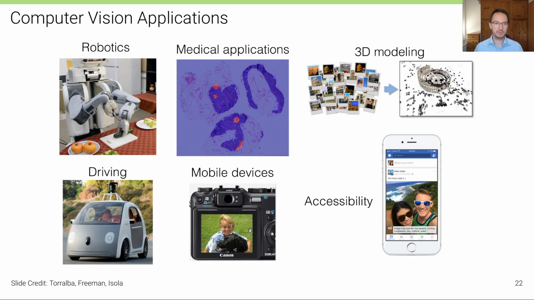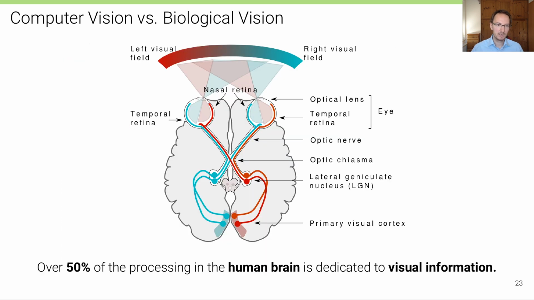There are numerous computer vision applications, and many of these have already been commercialized today. There are applications in robotics, in medicine, in structuring photo collections or building 3D models, in self-driving, in mobile devices, and accessibility, just to name a few. And as already mentioned, the field of computer vision has connections to many neighboring fields. For instance, it has connections to neuroscience and biological vision.